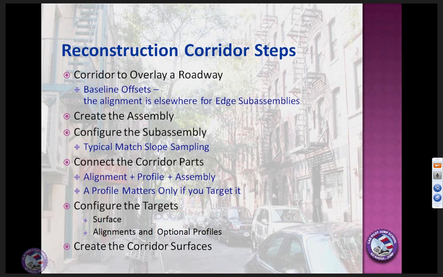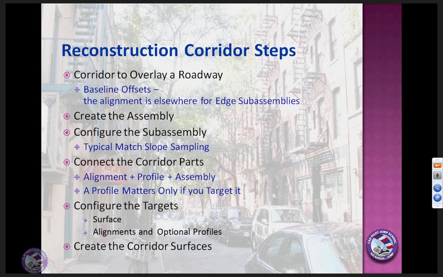So here's a basic step by step of what corridor reconstruction is all about. You're going to need a corridor to produce the overlay for the roadway. So you're going to need a baseline alignment and its offsets, right? And if you employ the edge-based subassembly, remember that the connection point is not the same as the center point one that we did.